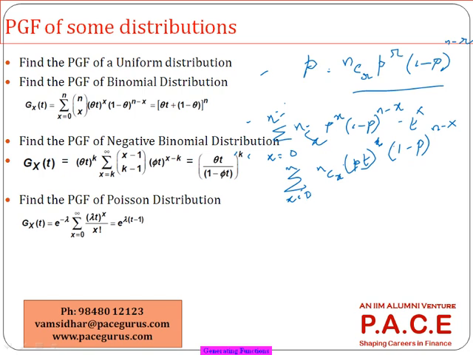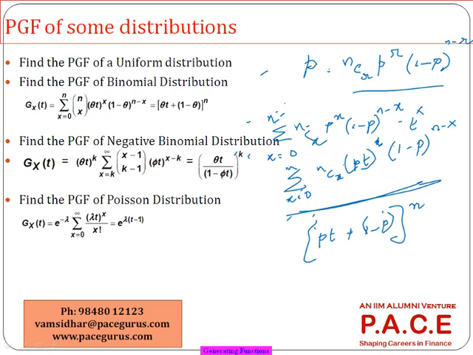So typically, if I use the binomial expansion, this is of the form (pt + 1 - p)^n, which is (pt)^n + nC1 (pt)^(n-1) (1 - p) and so on, which is what the summation of all these things works out to.